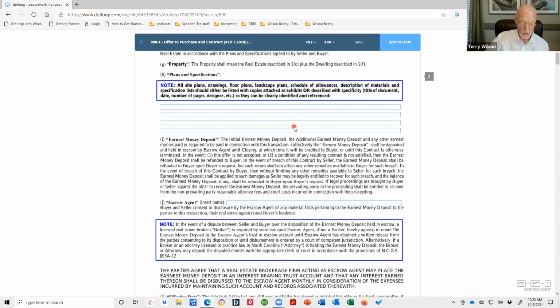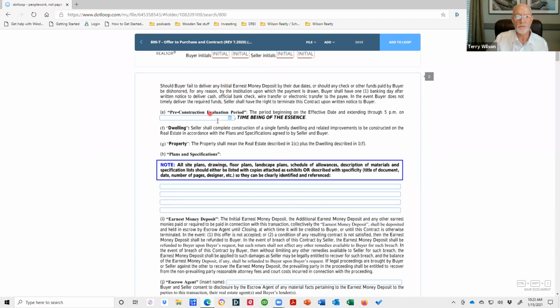Plans and specifications. Make a note to yourself if you haven't. On the pre-construction evaluation period, this period of time is of the essence. Make sure that that includes enough time for the loan approval.